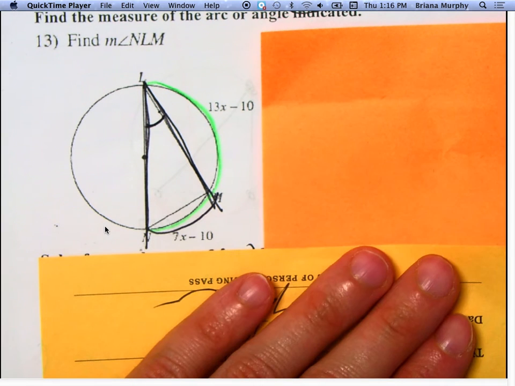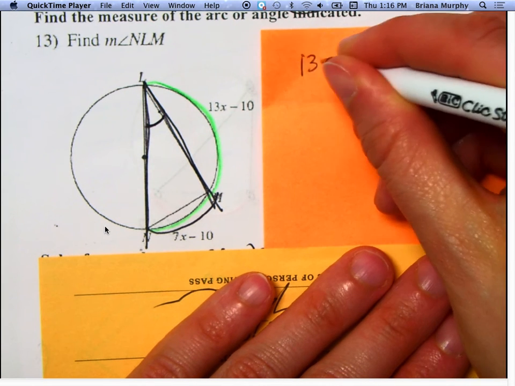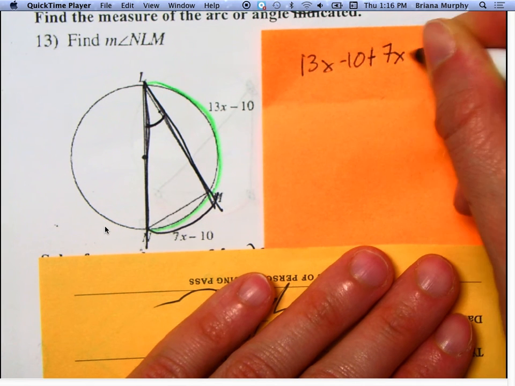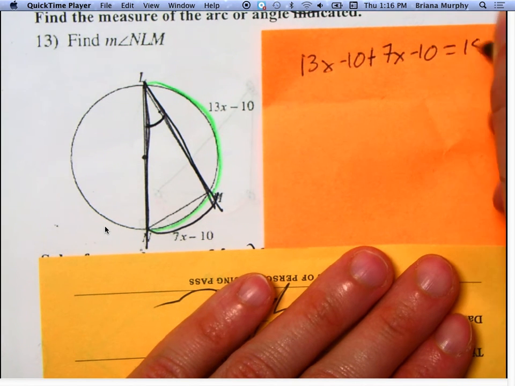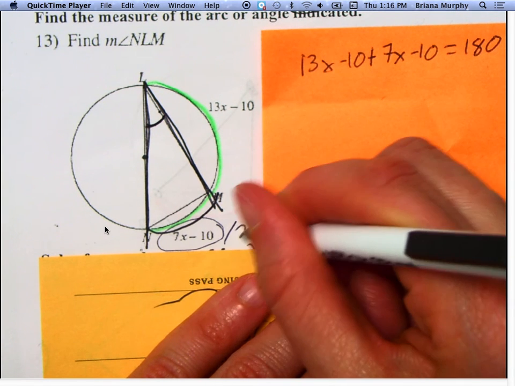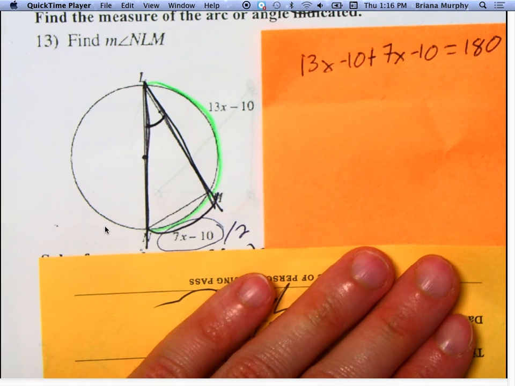The two green things. It makes a semicircle, which is how many degrees again? 180. Yes. So could I go 13x minus 10 plus 7x minus 10 equals 180? Know that when I find the answer to this, I'm going to have to divide it by 2 to find the angle. So don't forget that.